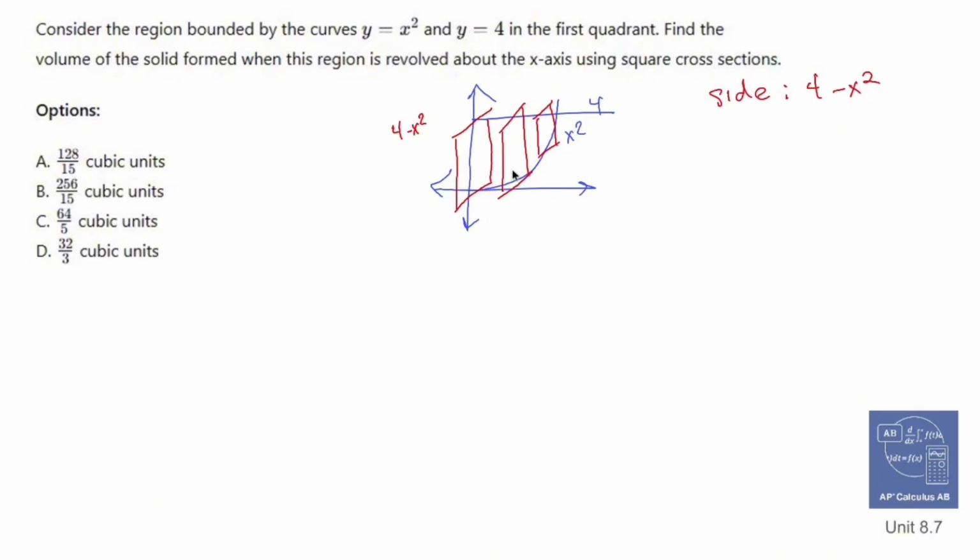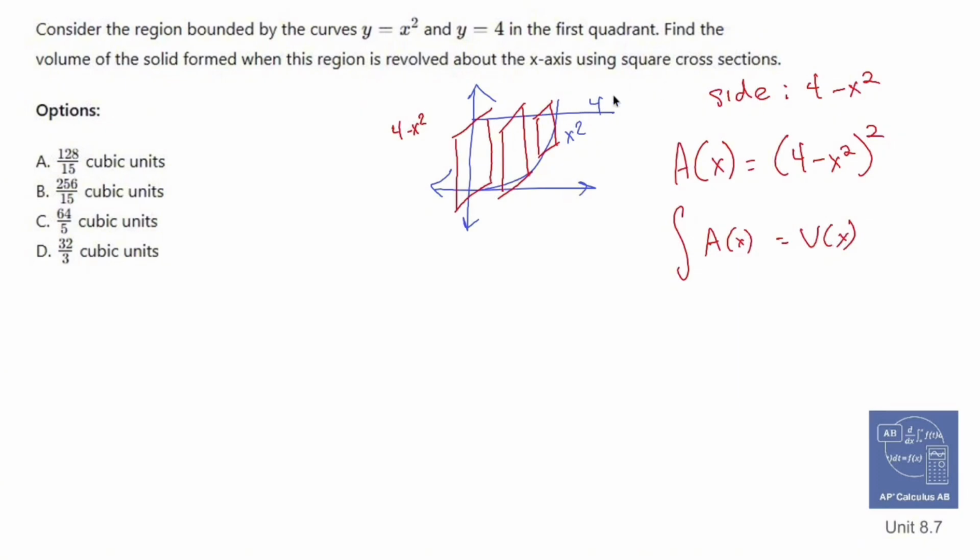Now, I care about the areas of these squares, because what I'm going to do is integrate the area, and by integrating the area we get volume. If the side of a square is 4 minus x squared, then the area of a square is the side squared. So the area, A of x, is going to be 4 minus x squared, squared. And by integrating the area, we get ourselves volume.